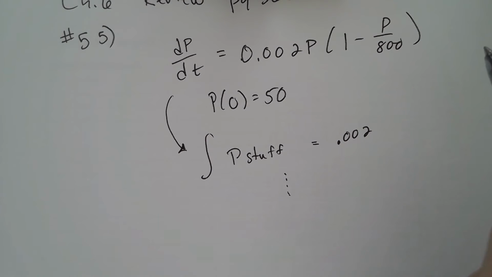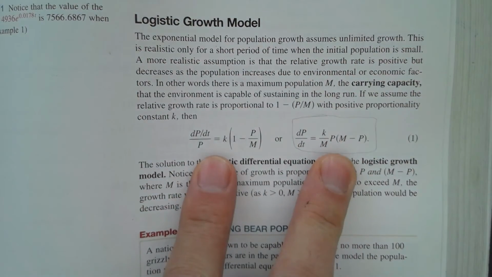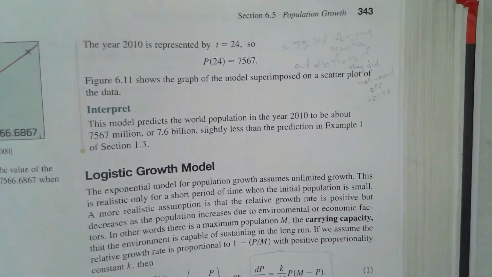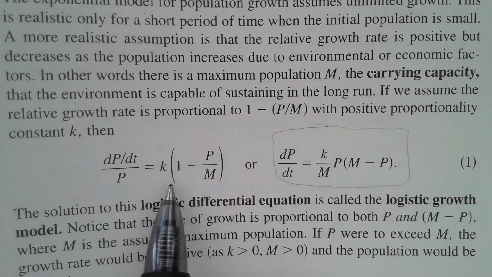A short way of doing it is to use the models provided. Here are two of them, the differential equations. Looking at what we have here, that's our given equation, and this is the one we're going to use: dp/dt over p equals k times 1 minus p over m.